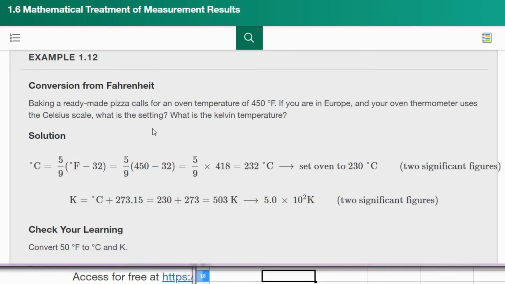Conversion from Fahrenheit. Baking a ready-made pizza calls for an oven temperature of 450 degrees Fahrenheit. If you are in Europe and your oven thermometer uses the Celsius scale, what is the setting? What is the Kelvin temperature?